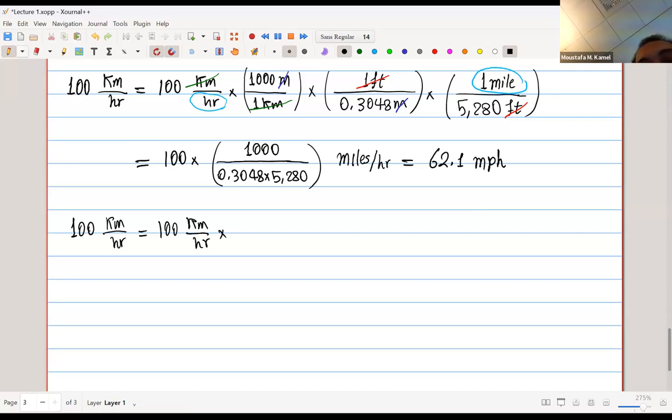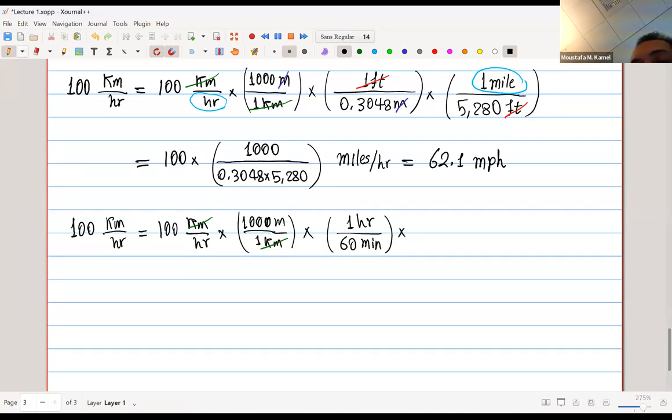So this is multiplied by 1,000 meters over 1 kilometer. Kilometers cancel. And then I want to cancel the hours, so I will have an hour in the numerator to cancel with the one in the denominator, and that's equivalent to 60 minutes.